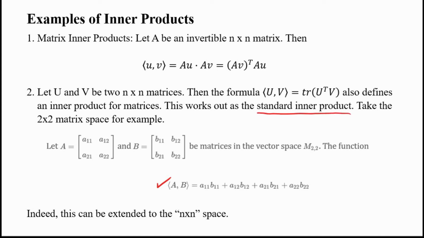And here, what I call the standard inner product is this guy right here. So, for example, take the 2 by 2 matrix space. We have two matrices from the 2 by 2 space. Then the inner product of those two matrices is just A11 times B11 plus, and so on. Indeed, this can be extended to the n by n space.